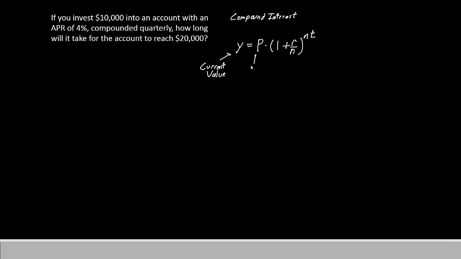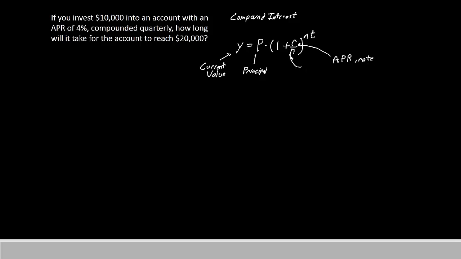P is the principal, which means the initial value of the account. The R, here on the top, is the APR, or the rate, as we usually say.